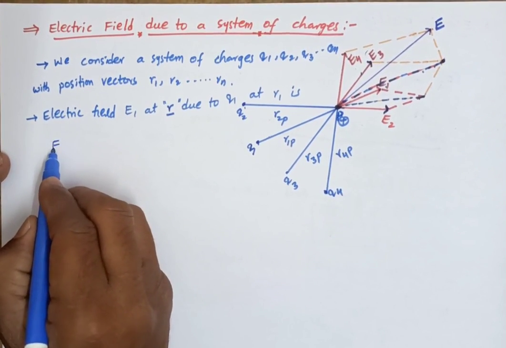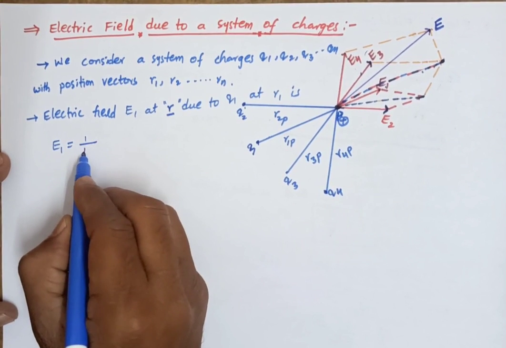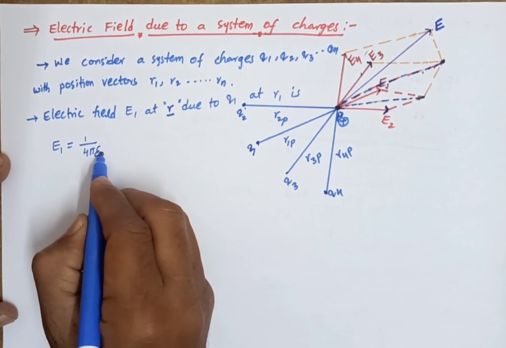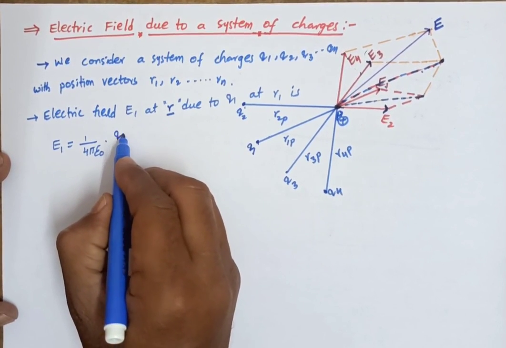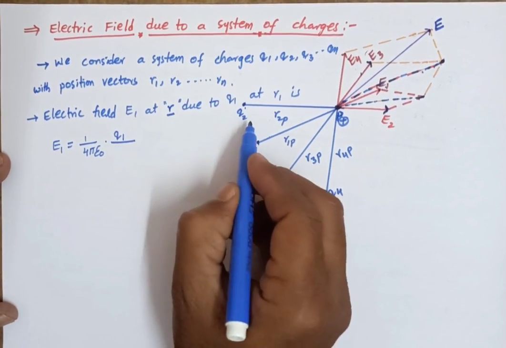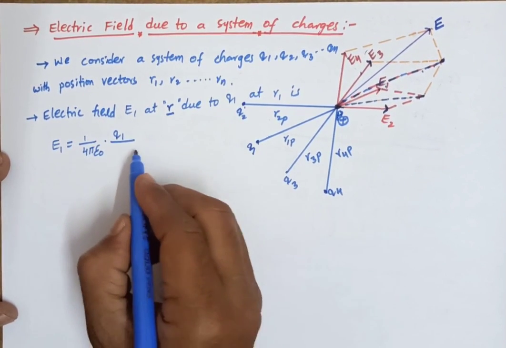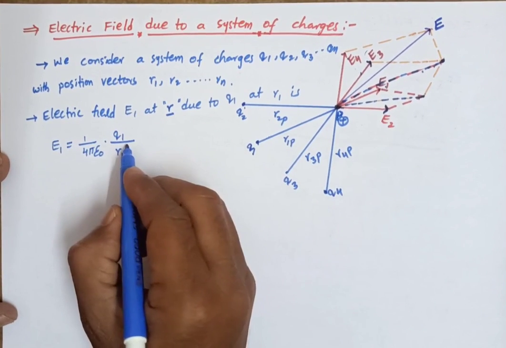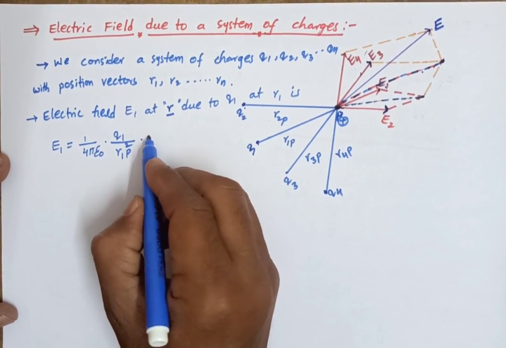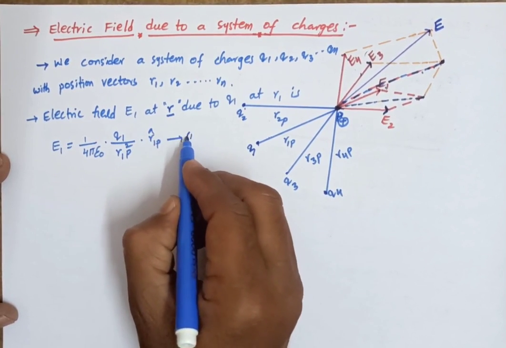So the equation for E1 is E1 equals 1 by 4 pi epsilon naught, Q1, the source charge, by R1P square into R1P cap. This is equation number 1.